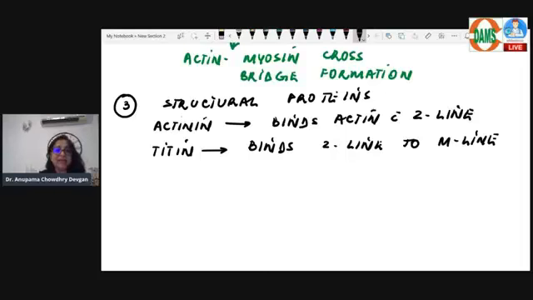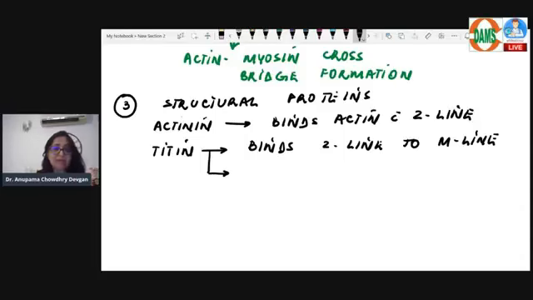What is a sarcomere? Sarcomere is the structural and the functional unit of the skeletal muscle, and it is between the two Z lines. What is the M line? M line is in the middle of the sarcomere. So titin binds the Z line to the M line.